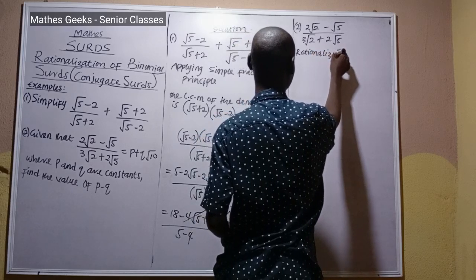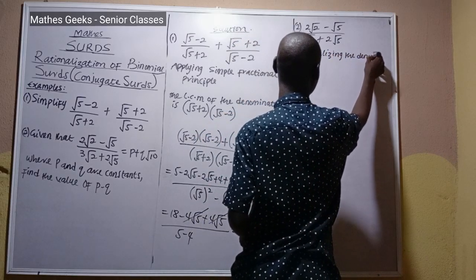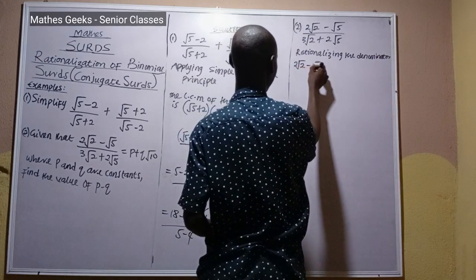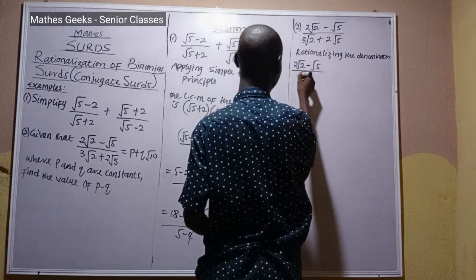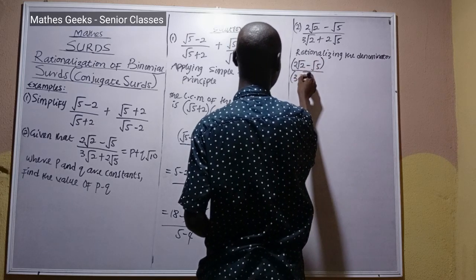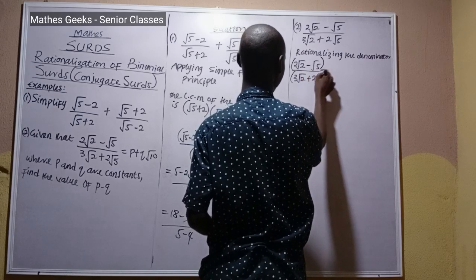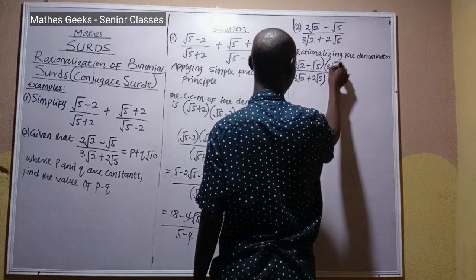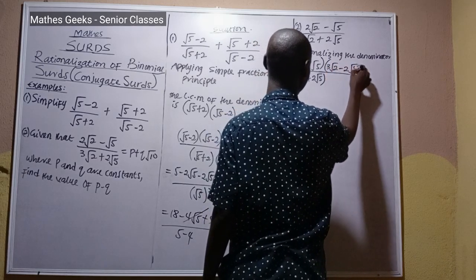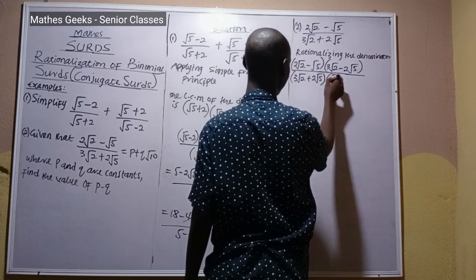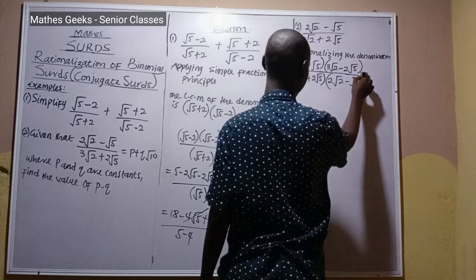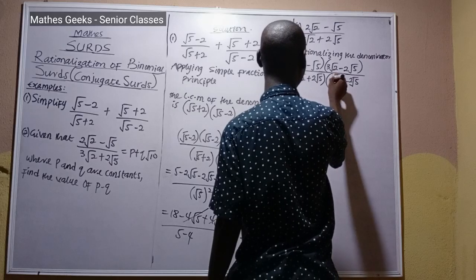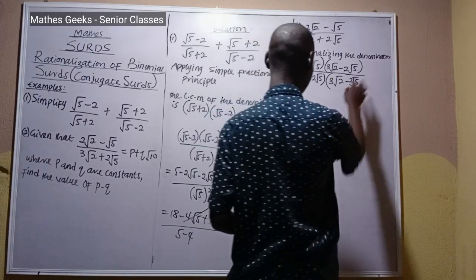Rationalizing the denominator: 2 root 2 minus root 5 over 3 root 2 plus 2 root 5, and we multiply by 3 root 2 minus 2 root 5 over 3 root 2 minus 2 root 5.